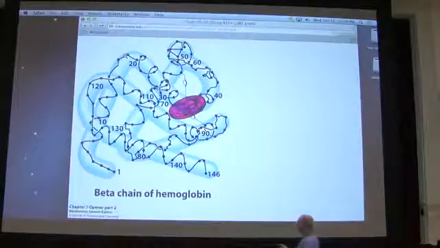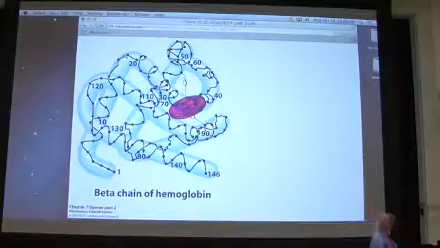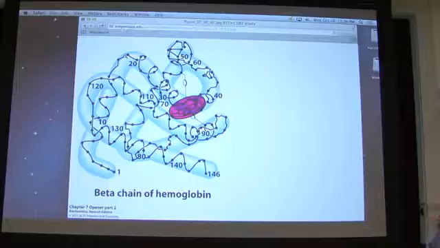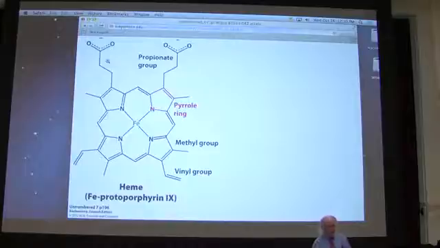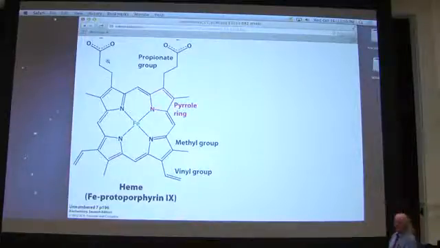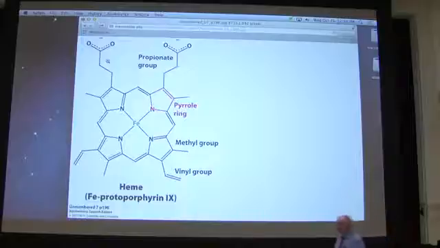We can see in this figure, this little red disc here, this is the heme group that I was telling you about that binds to the oxygen. The heme group binds to the oxygen right there where that red group is. The structure of the heme looks like this. Okay? A set of rings, in the center of which is iron.